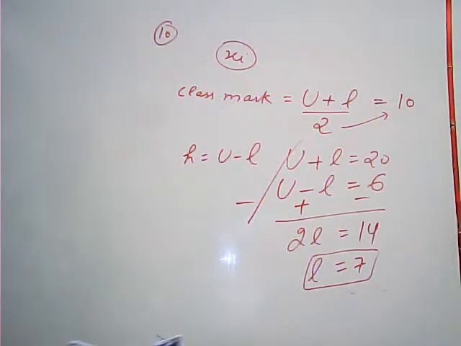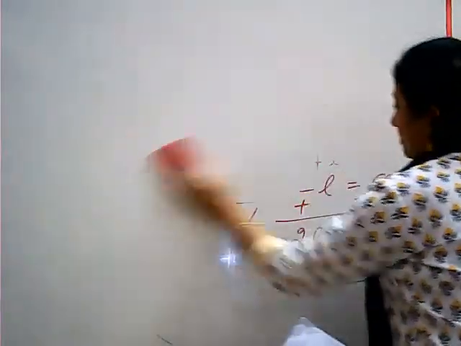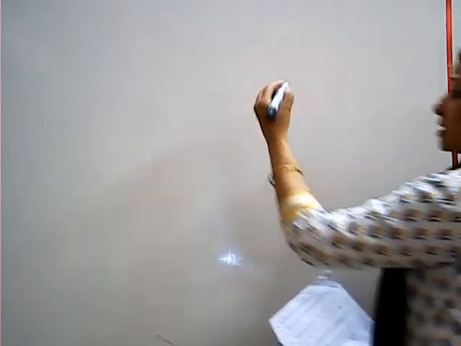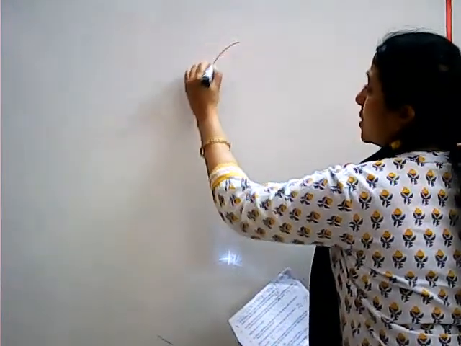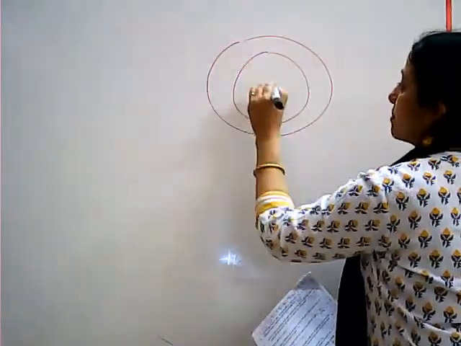Okay, your next question. And this is purely your NCERT question. Two concentric circles, whose center is the same.